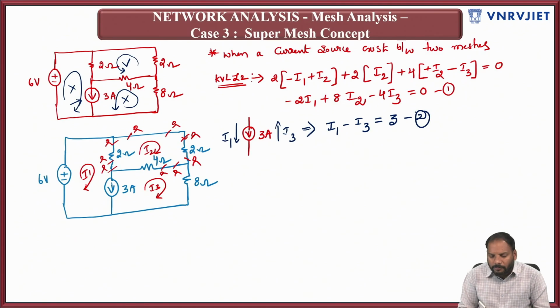This is equation 2. Whenever there is a current source, it is not possible to apply KVL on either side, but you can represent that current source value in terms of the loop currents: I1 minus I3 is equal to 3. This is the second equation. Even then it is not possible to calculate I1, I2, I3 because there are two equations and three unknowns.